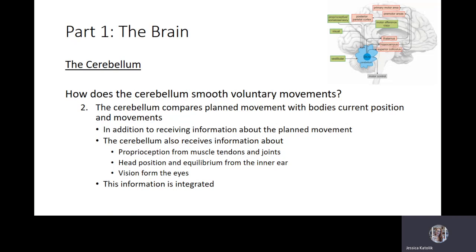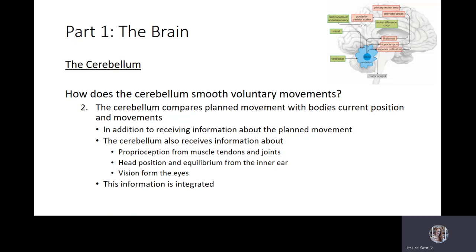And it's going to receive information from our proprioceptors. Proprioceptors are located in muscles and joints and tendons. And what proprioceptors detect is where our body is in space and time.